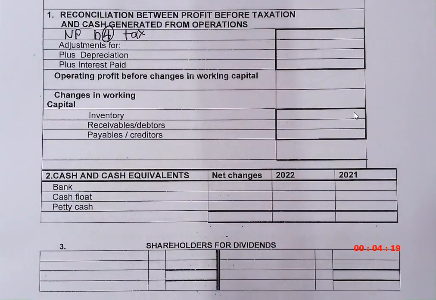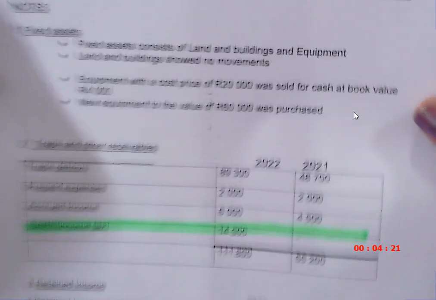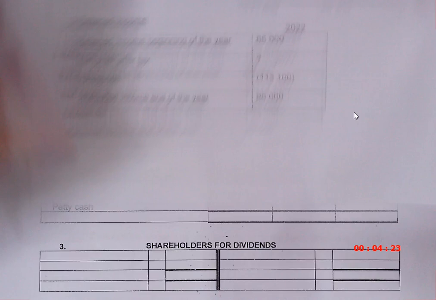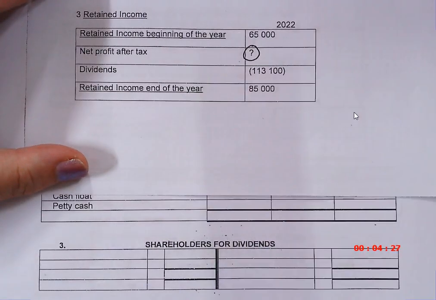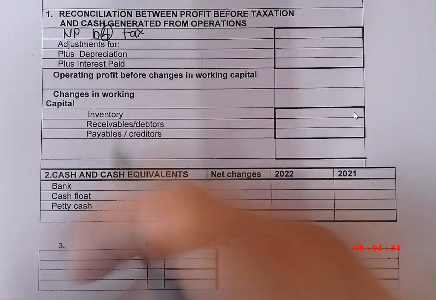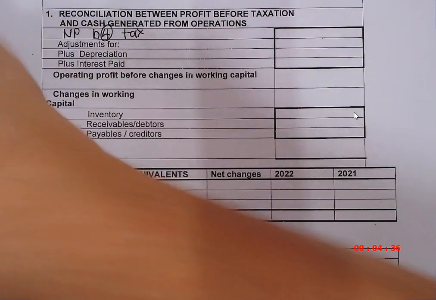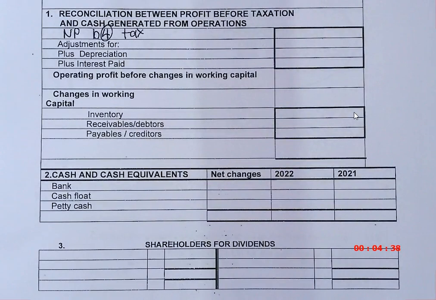With the extra notes there's nothing, but here's retained income, and here they give me net profit after tax, which is also not going to help me because it's a question mark. Did they give me my percentage somewhere? Anybody? No. No percentage.